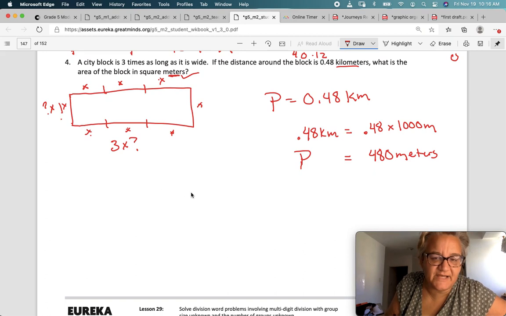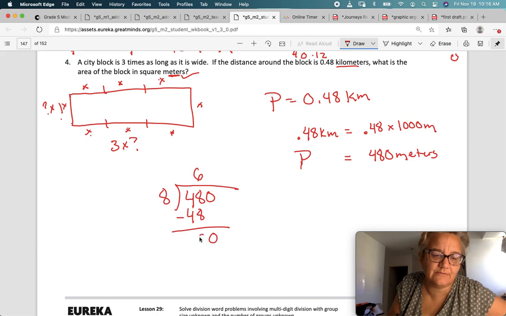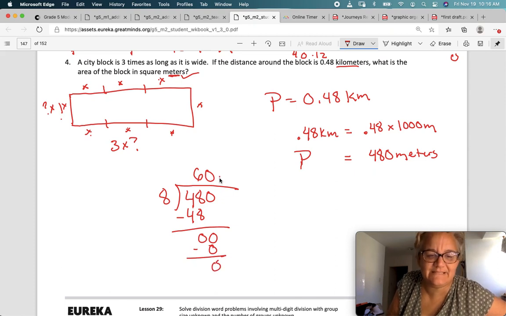So I'm going to divide by 8. And 8 goes into 48 6 times. So I have 60 meters. So each of these is 60 meters.